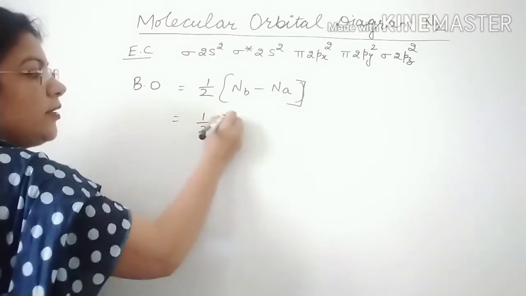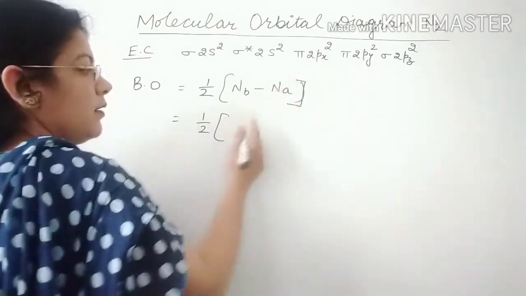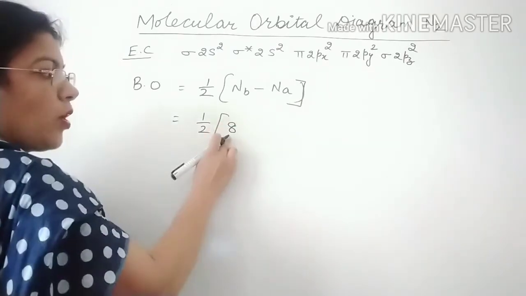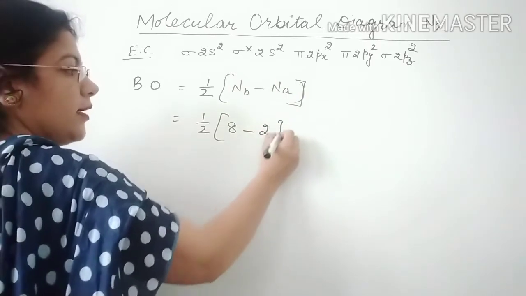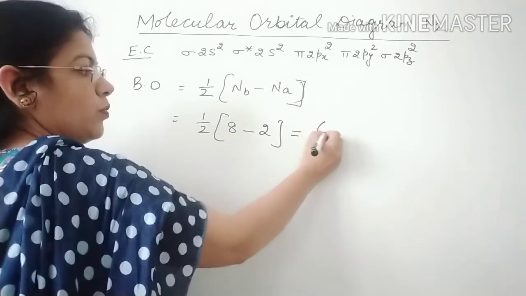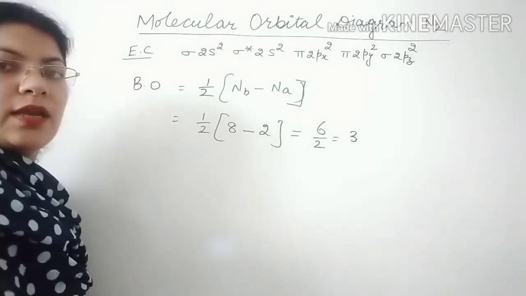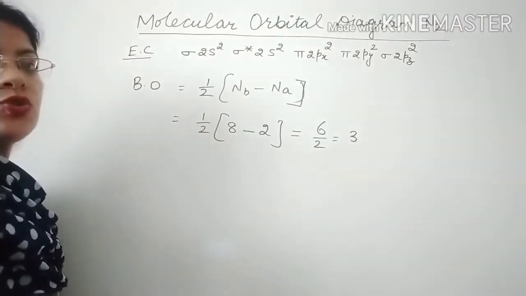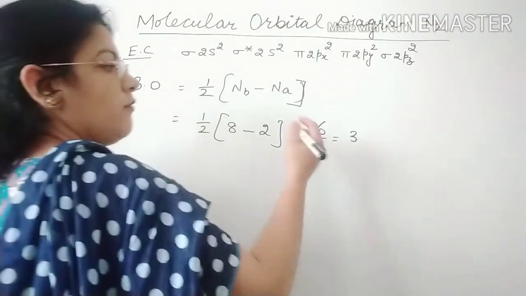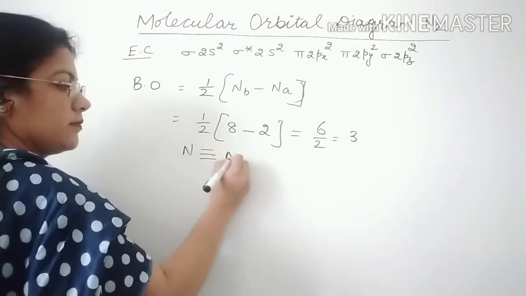So bonding electrons are 2, 4, 6 and 8. These 8 are the bonding electrons and these 2 are the antibonding electrons. It comes out to be 6/2, which is 3. It means in the nitrogen molecule 2 nitrogen atoms are joined together by the formation of 3 bonds like this.